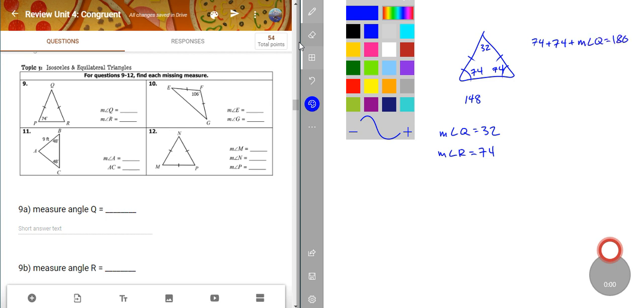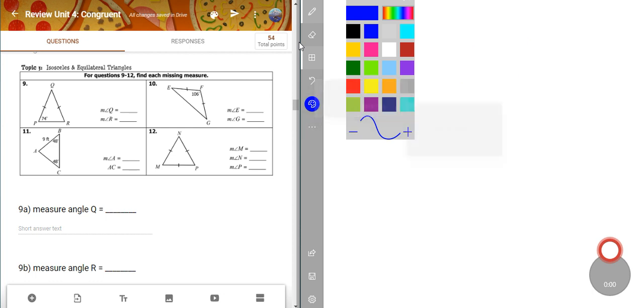All right, so I'm going to go through the rest of these a little bit faster, but that's kind of what I was doing in my head and making little quick notes on them. So number 10. Those are congruent. That's 106. Those have to be congruent because it's an isosceles triangle, which means 180 less that 106 is going to be 74.